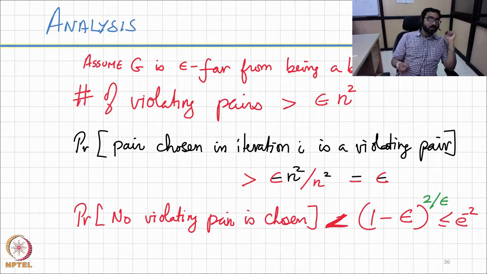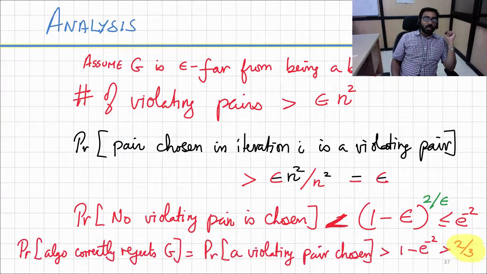But what's the probability of that happening? Well, for one iteration, it's going to be 1 minus epsilon at most, and over 2 over epsilon iterations, the probability is going to be 1 minus epsilon, the whole raised to 2 over epsilon, which is going to be at most e to the minus 2 when you apply the formula that 1 minus x is at most e to the minus x. And so now we can ask, what is the probability that we will be correct?